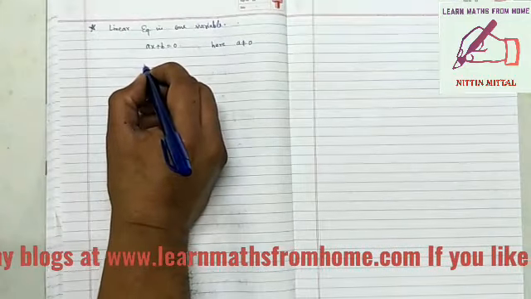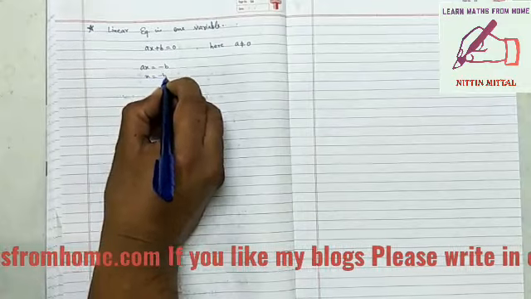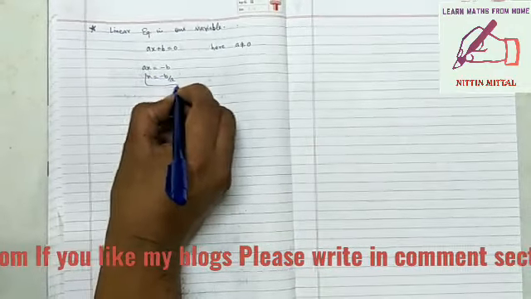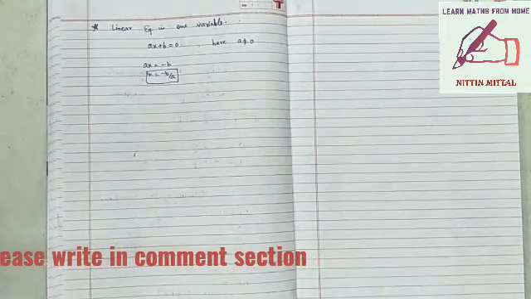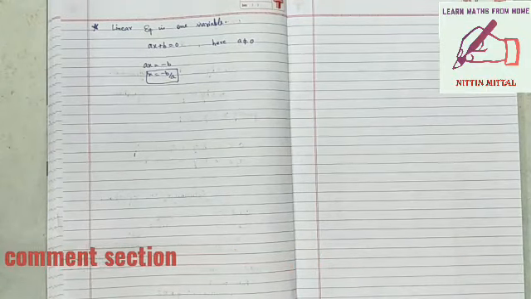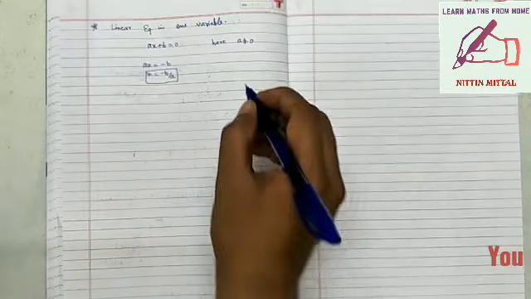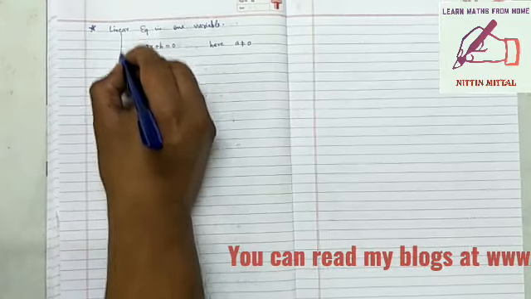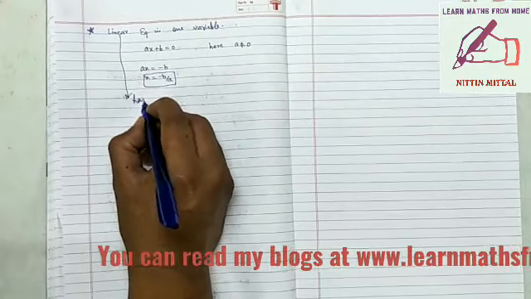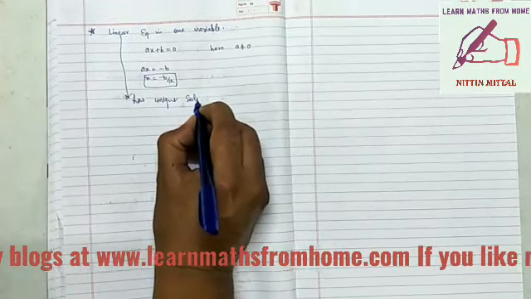So if we simplify, ax equal to minus b, x equal to minus b over a, so what we see is that every linear equation in one variable will always have a unique solution, exactly one solution, right? It means a linear equation in one variable has a unique solution, right?